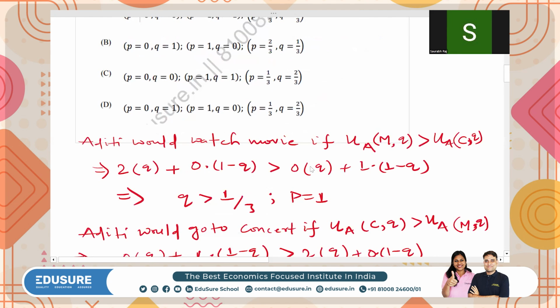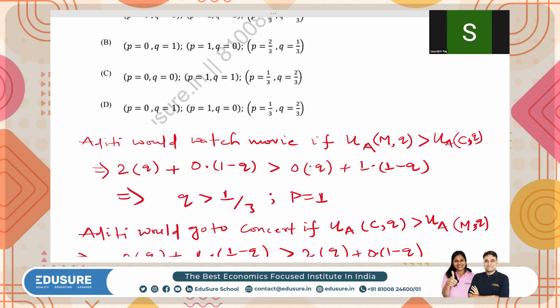If you first consider Aditi, Aditi will watch the movie if the utility of Aditi from watching the movie is greater than the utility of Aditi from attending the concert. Actually it is not utility, it is expected utility, because a probability value is attached with it. Okay, so if you calculate this, you will get the condition as Q greater than 1 by 3.